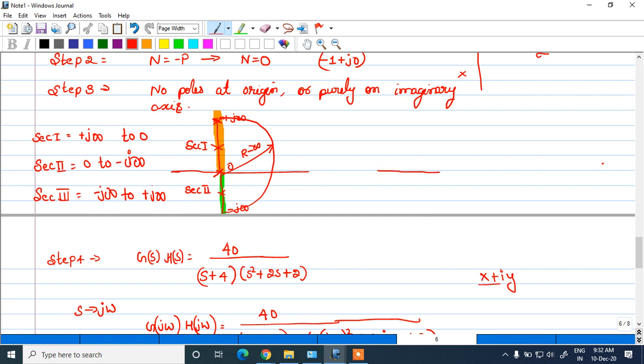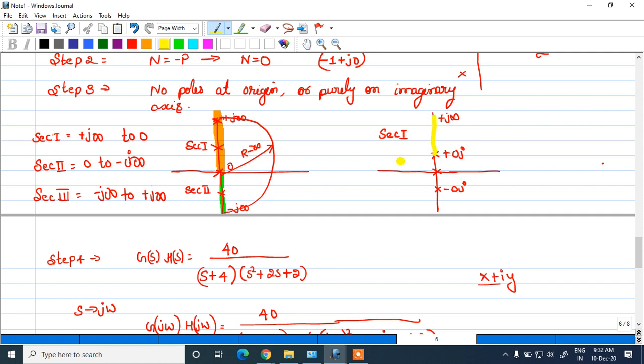Sometimes you may get a problem. Let me draw the same here. By chance there will be a pole at origin. So your starting point will be plus j infinity. Okay, and here this will be the section 1, that is plus 0 j, finite value, positive value, and minus 0 j. Okay, let me write. Section 1 will be plus j infinity to 0.